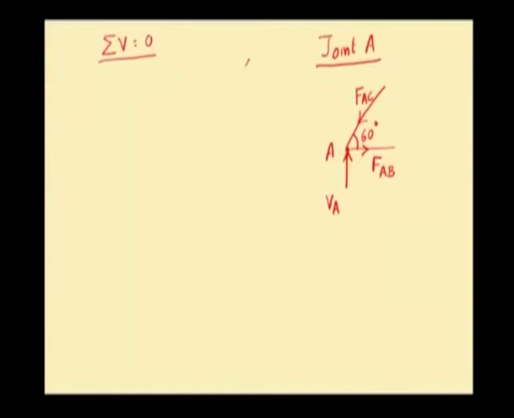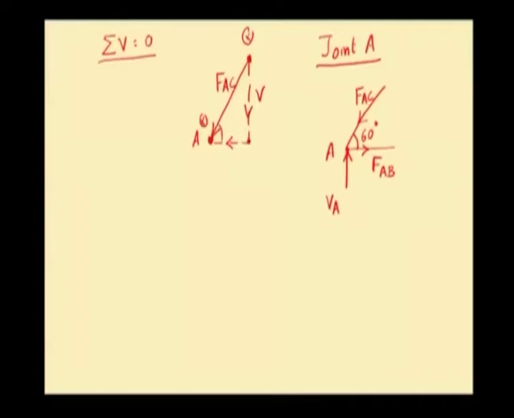FAC goes like this. This is the force in member AC, this is joint A. Now, FAC moves from this particular point and reaches here. To travel from this point to here, vertically we have to go in the downward direction till this point, and then horizontally we have to go towards the left. So, this is the vertical component of FAC.